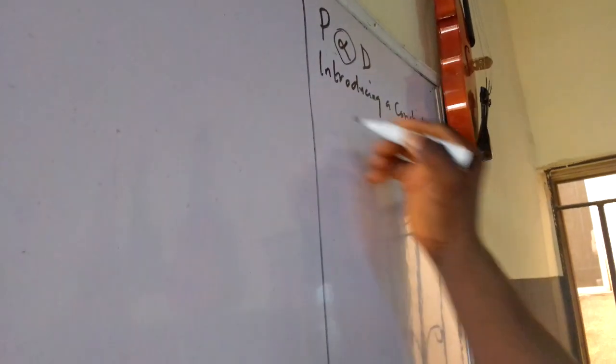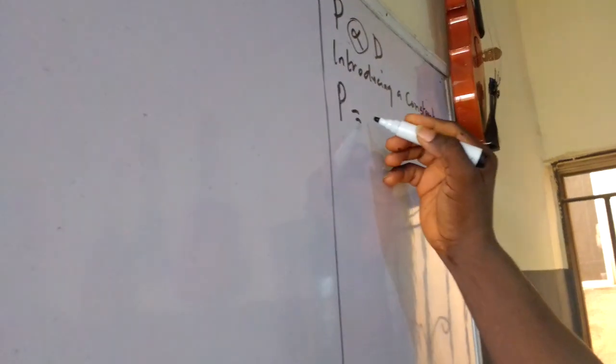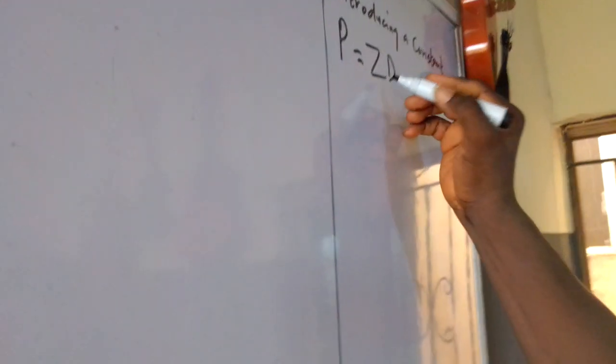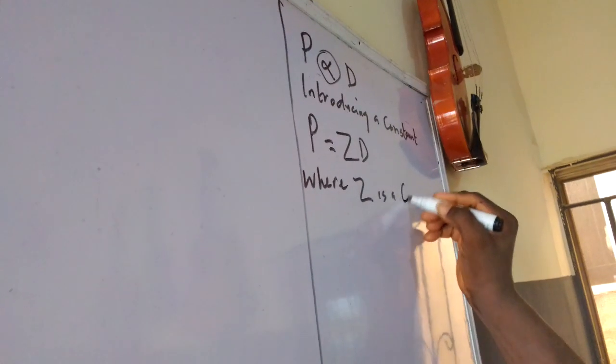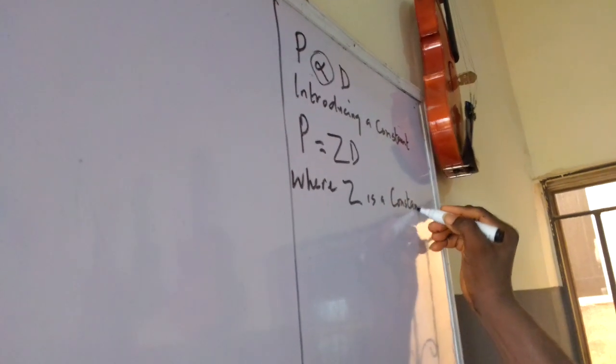I will say that P equals ZD, where Z is a constant of proportionality.